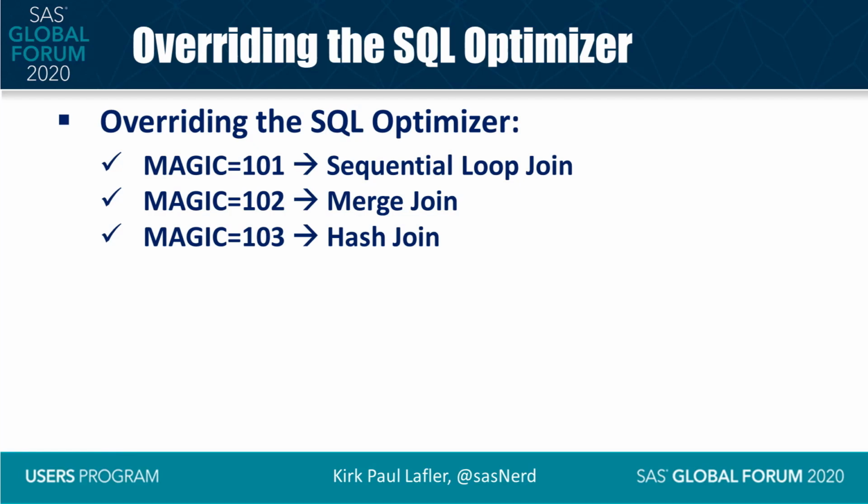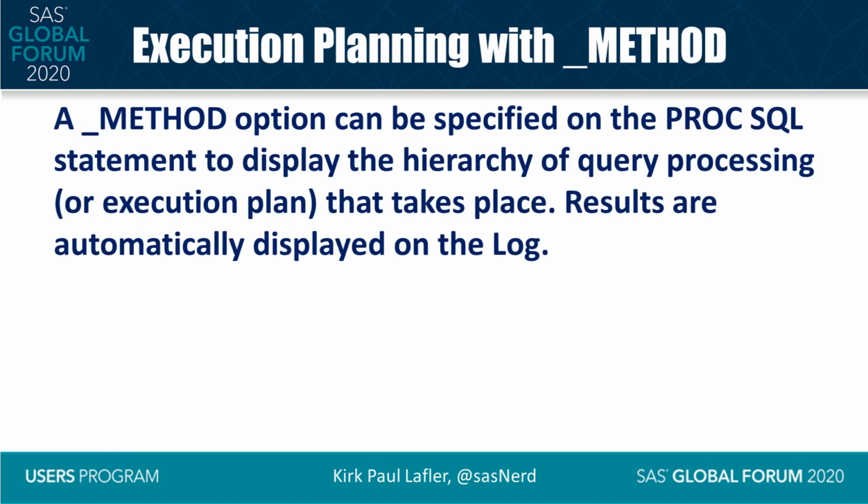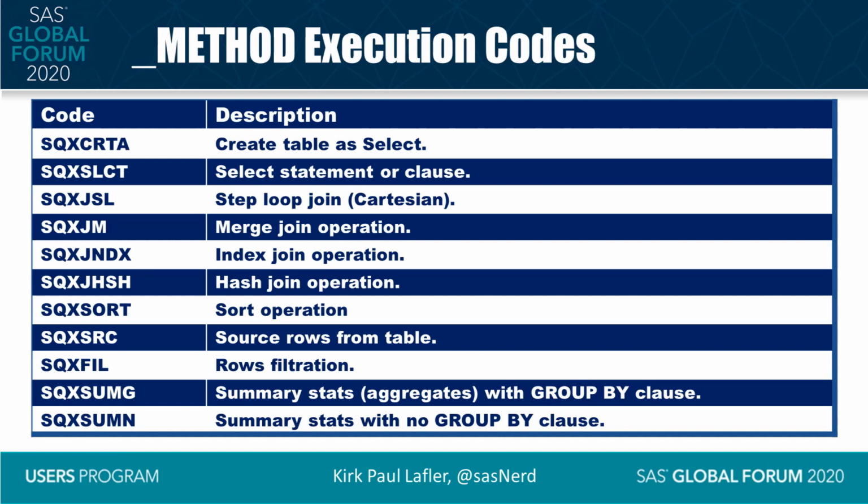We also looked at how we can explore and better understand what's happening under the hood of our queries, so we can better explain what type of resources are being used, what kind of join algorithms are being executed by the optimizer, etc. And it's done with the _method option. The _method option gives us one or more codes that are going to be displayed on the SAS log.